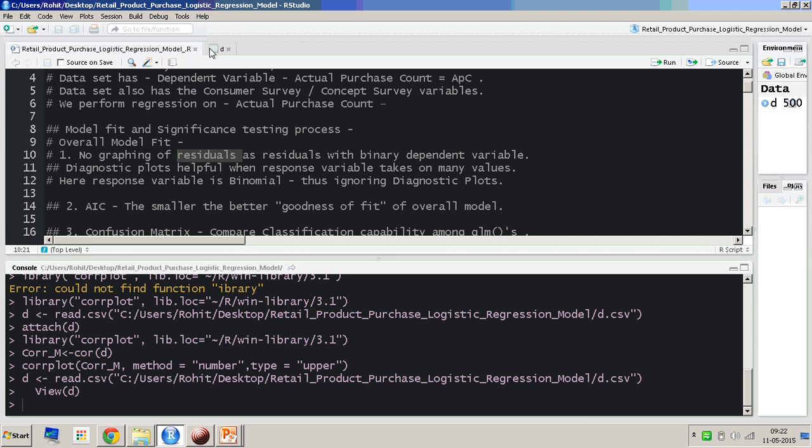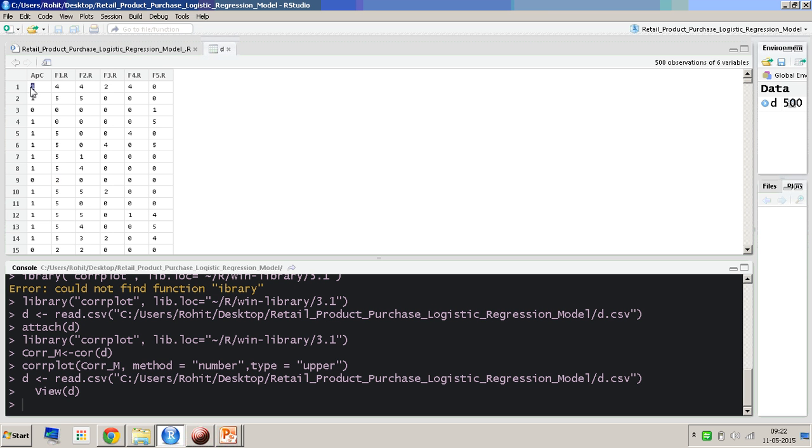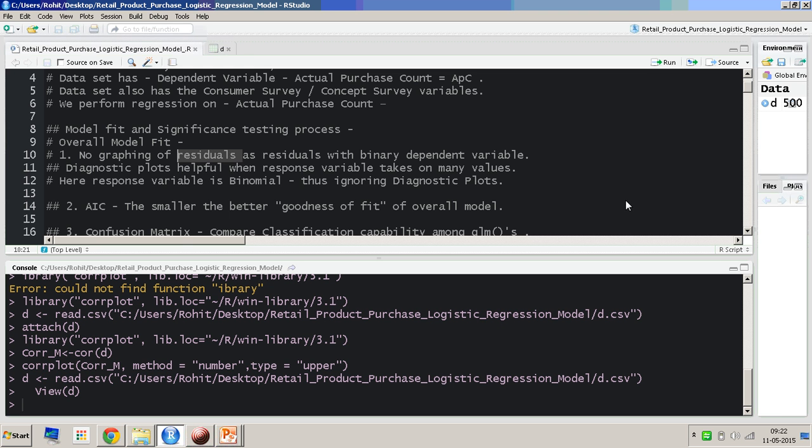The response variable, which is the actual purchase count, is taking only two values, either 0 or 1. It's a binomial variable. So in such a situation, doing a plot or doing some diagnostics with regards to residuals or plots is not really recommended.